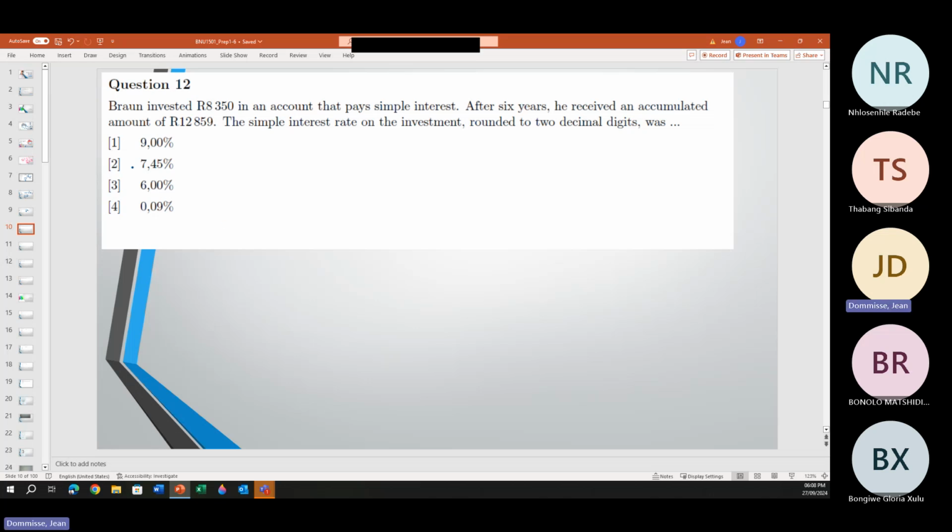So Braun invested 8,350 in an account that pays simple interest. Okay, so let's first write down the simple interest formula.